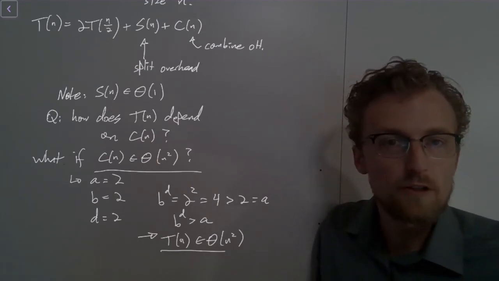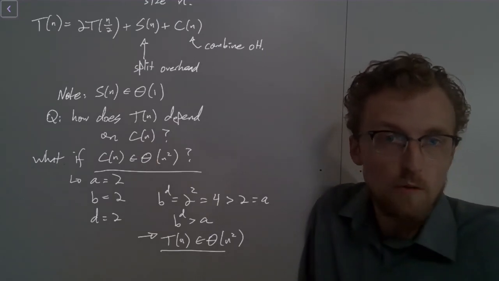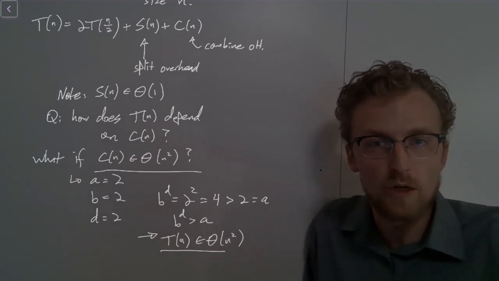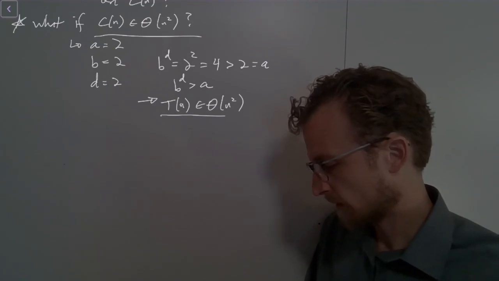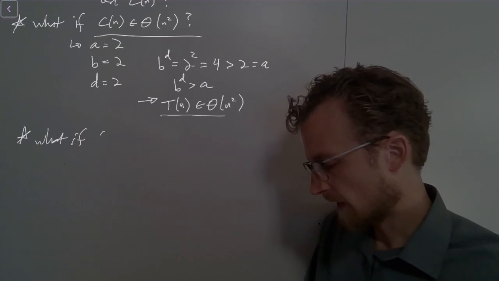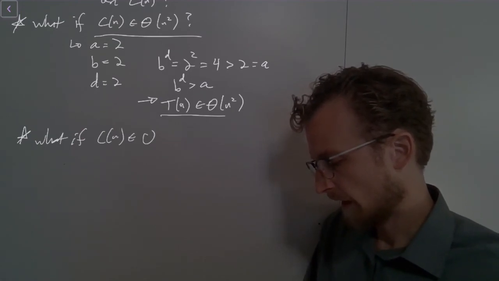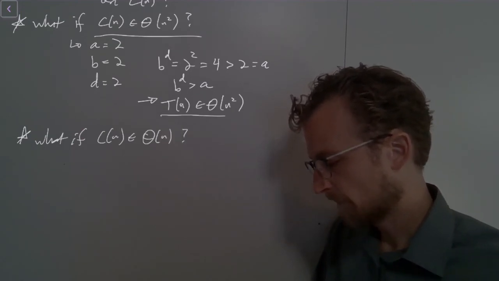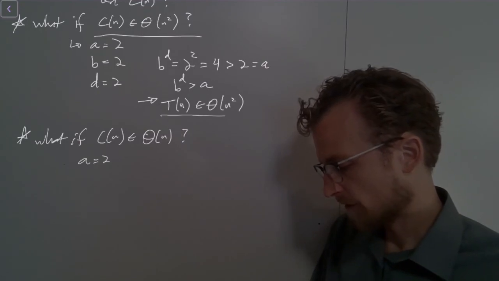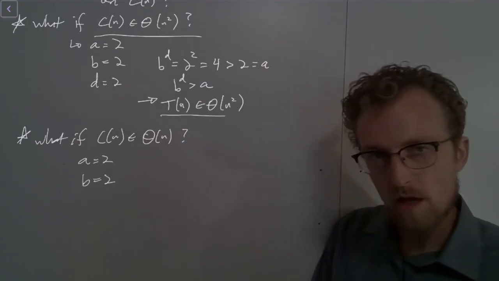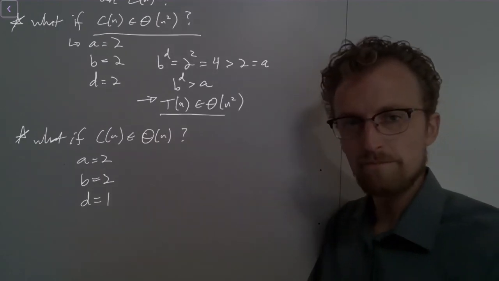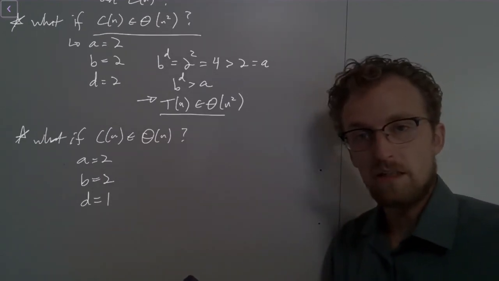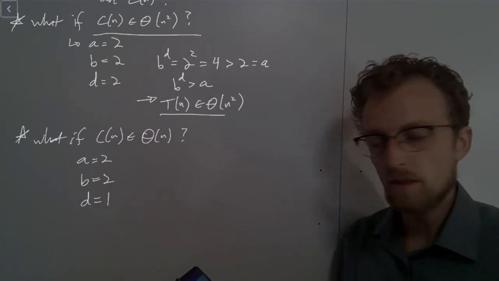What if the combine function is linear? We're just playing with hypotheticals at this point. So what happens if C of n is actually linear? What if C of n is big theta of n? Well, then we've got A equals 2, B equals 2. Those haven't changed. But now our D equals 1, because n to the 1 is equal to n.